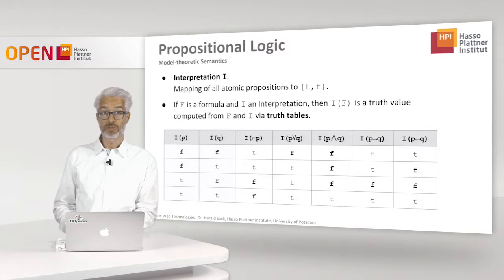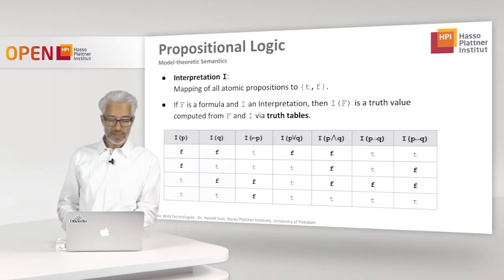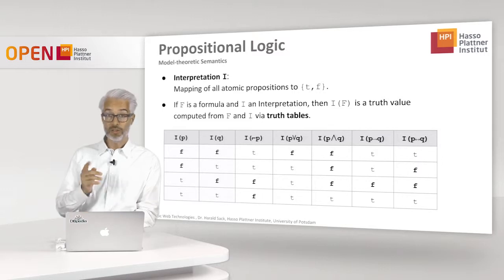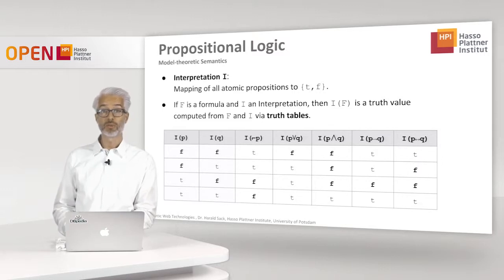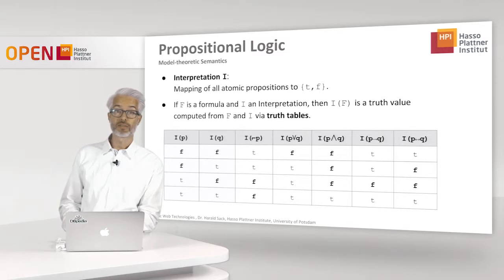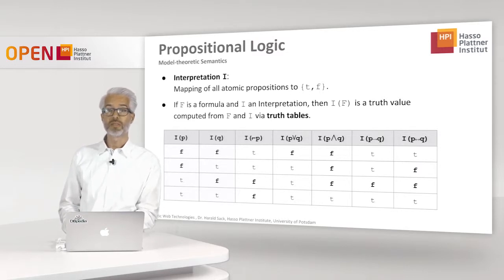So how to interpret a truth table like that? Here you see, for example, the interpretation of the two atomic formulas P and Q. So it means if P is F and Q is F, then not P will be true, P or Q will be false, P and Q will be false, P implies Q will be true, P equivalent Q will also be true, and so on and so on.